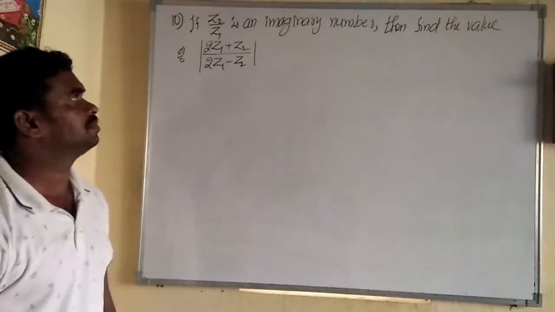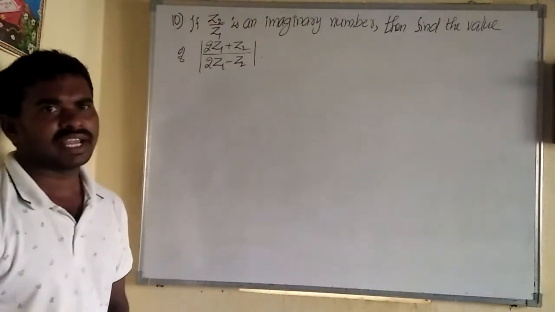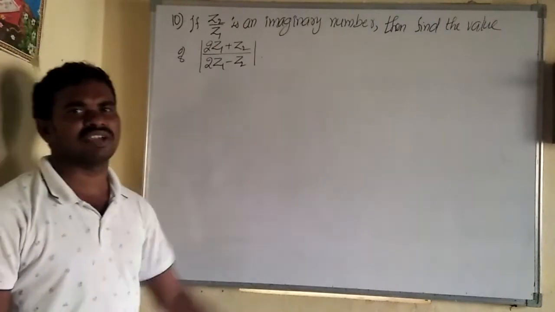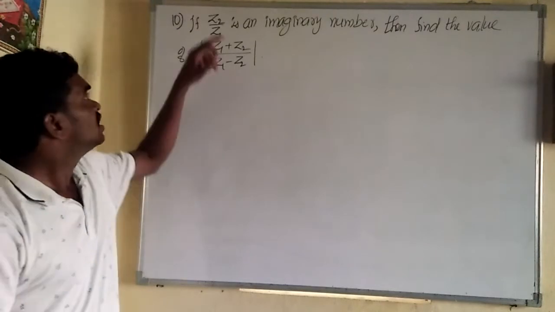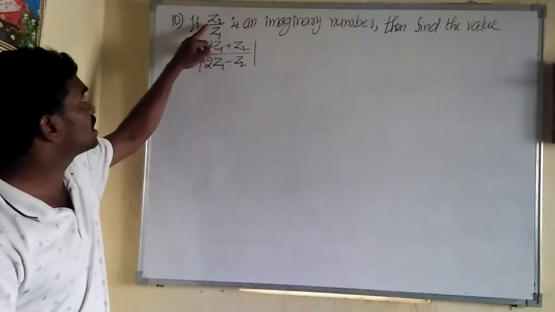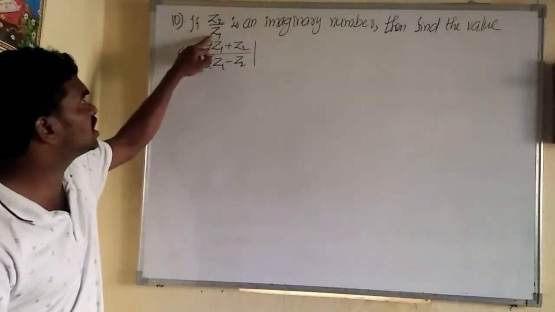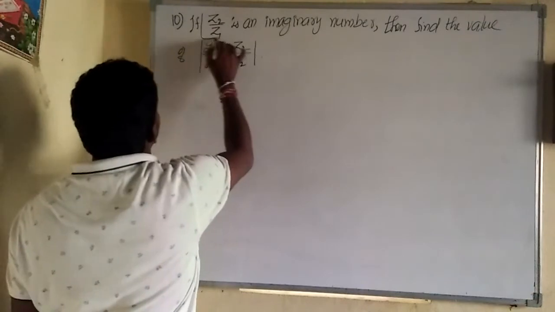This is the question. So generally z means we can take a complex number x plus iy. But here z1 and z2 are given, and it is specifically stated that z2 by z1 is an imaginary number. So think about this statement.